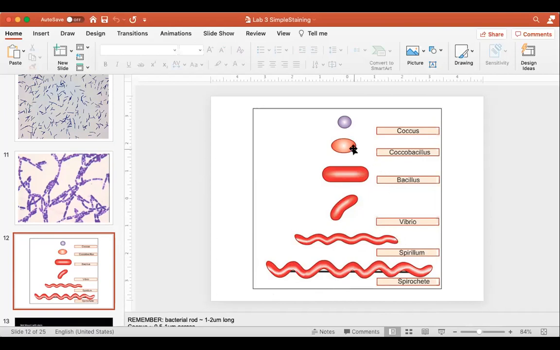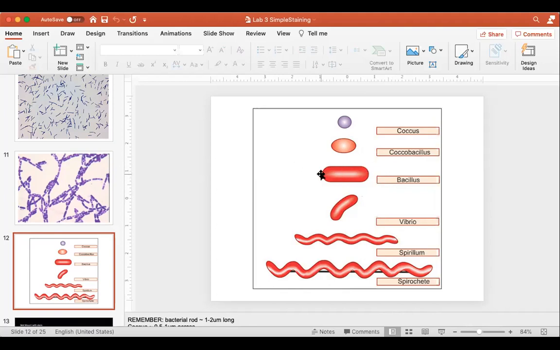Now, just for size comparisons, most rod-shaped bacteria are 1 to 2 micrometers long. Remember, there are 1,000 micrometers in 1 millimeter. So 1 to 2.